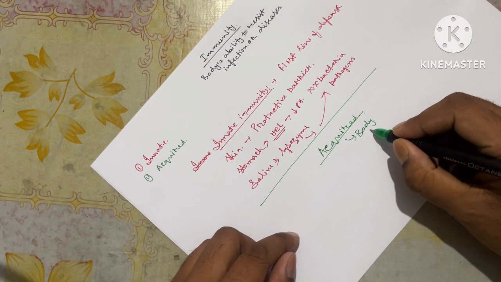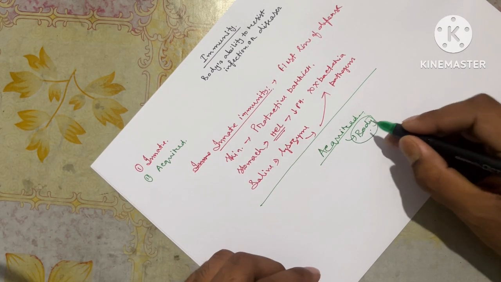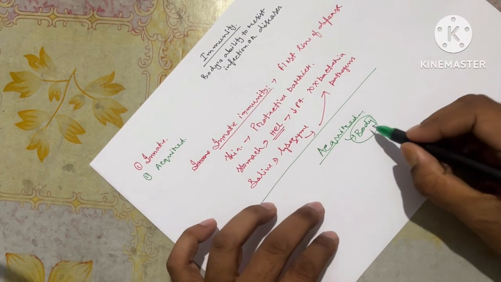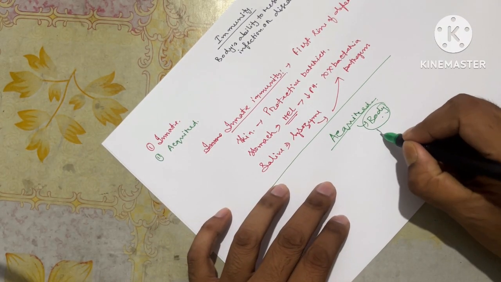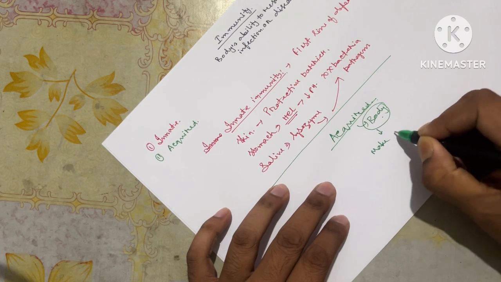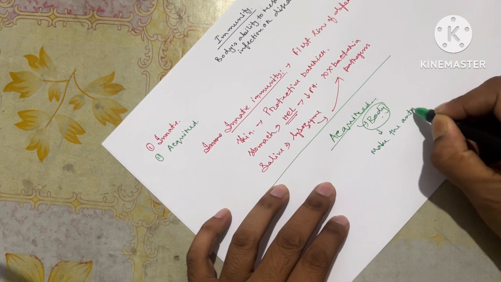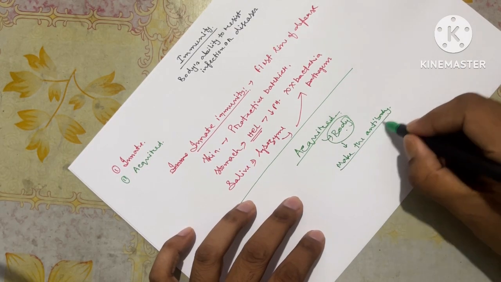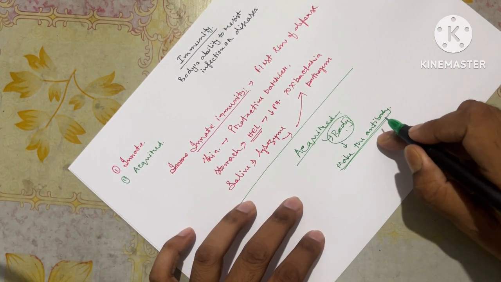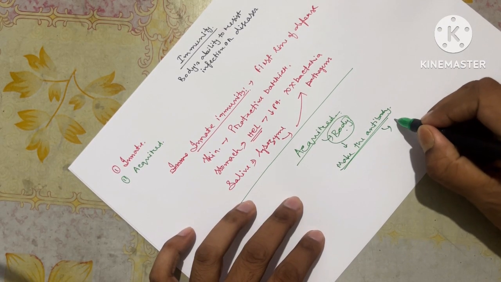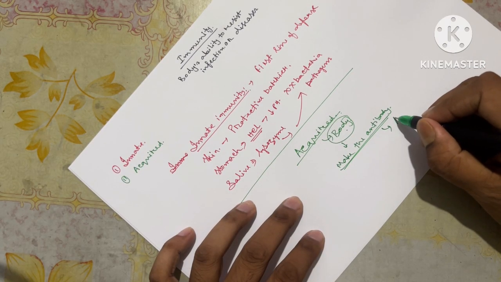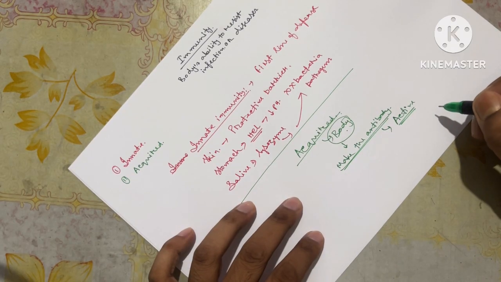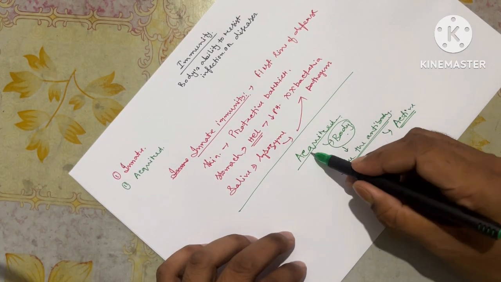Inside our body, maybe our body by itself makes those antibodies. If our body is making the antibody, then it will be active immunity, active acquired immunity.